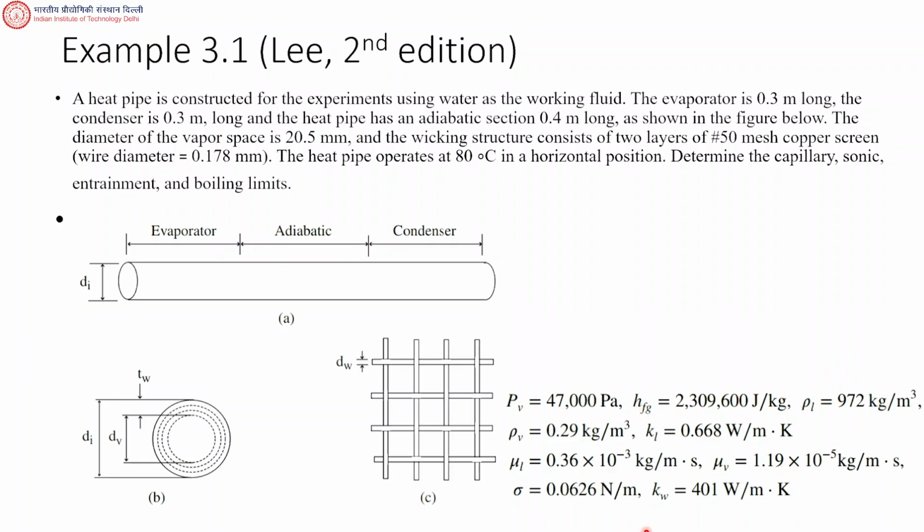These things you can all get from the back of the book, right? And these are some properties: mu of the vapor, mu of the liquid, and this is the surface tension coefficient, and this is the wire thermal conductivity, right? So what is 401? It's the value of the copper thermal conductivity, correct?